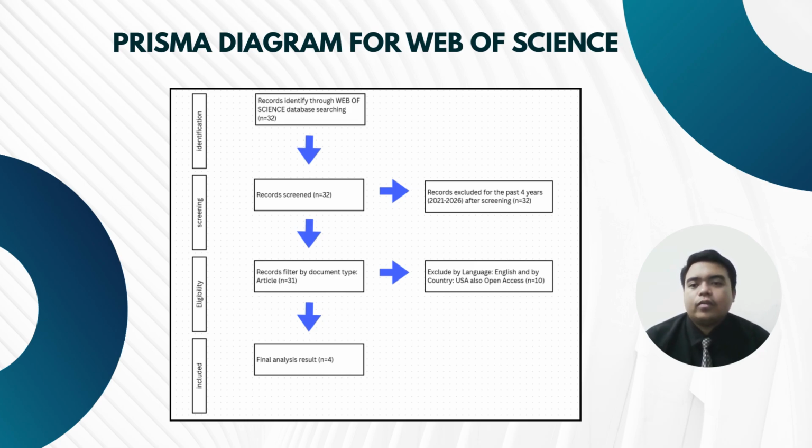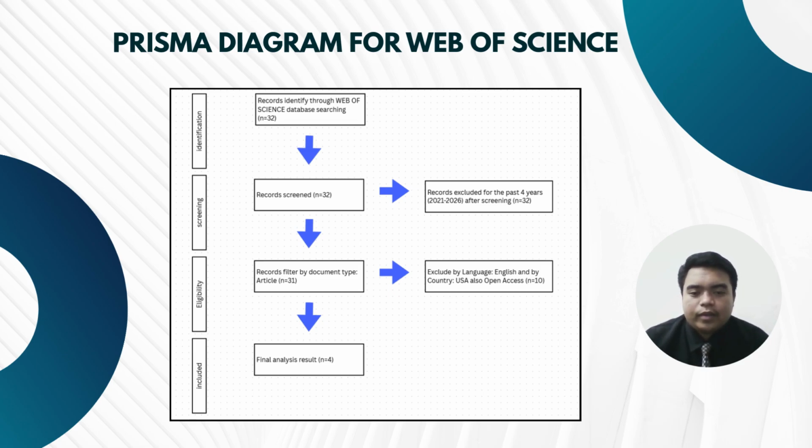Okay, now move on to the PRISMA diagram for Web of Science. Records identified through Web of Science database searching is 32. After that, records screened is 32 also. After that, records excluded for the past four years, which is 2021 to 2026, after screening is also 32.